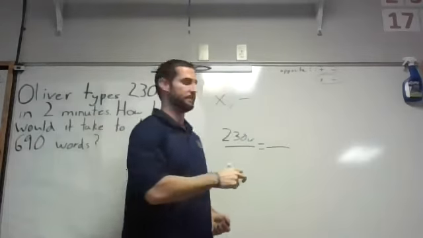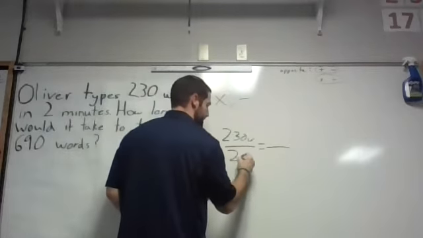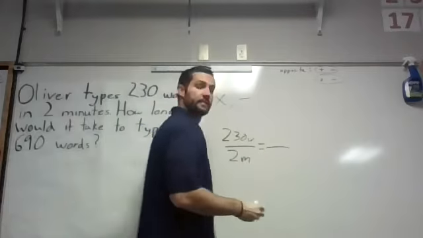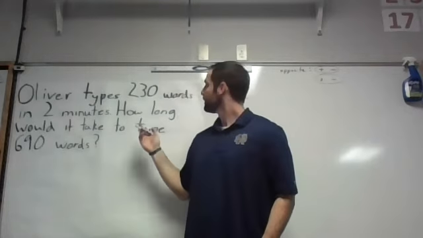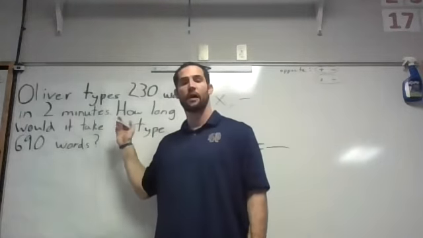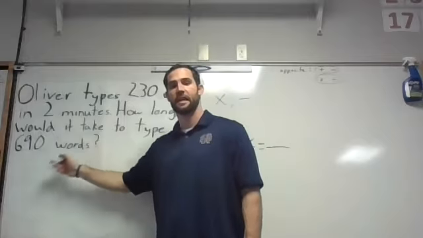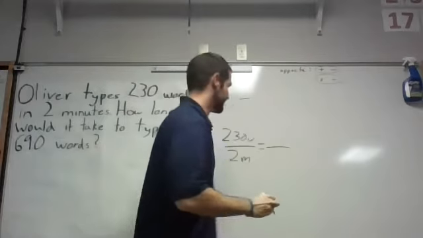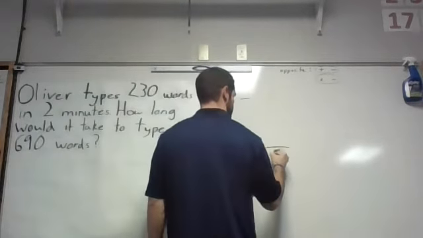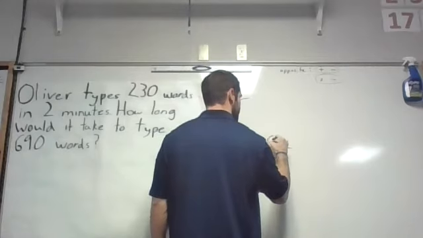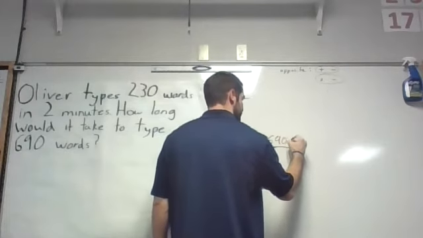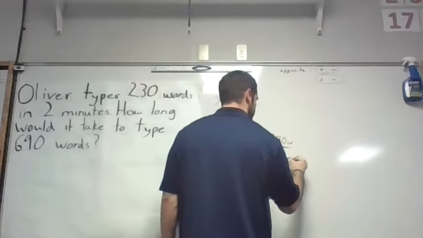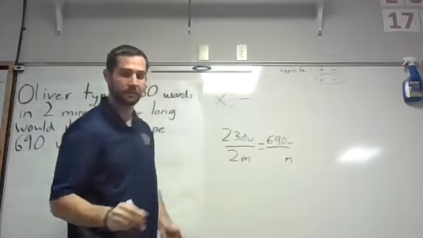Took him 2 minutes. Our final clue, it's asking how long would it take to type 690 words. So we got 690 words, and we got how long it took.